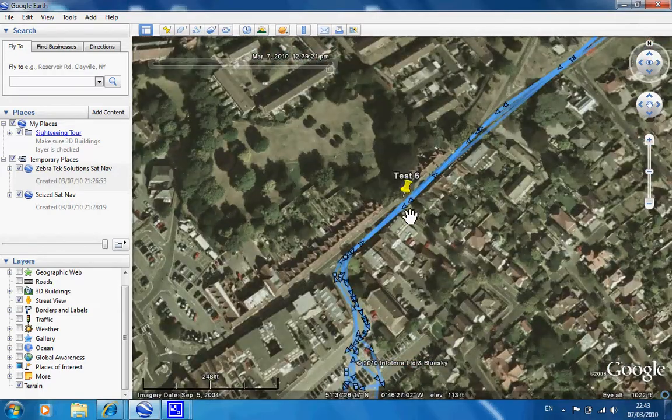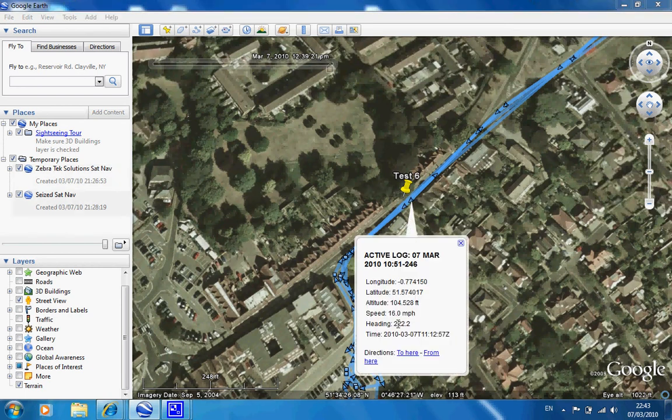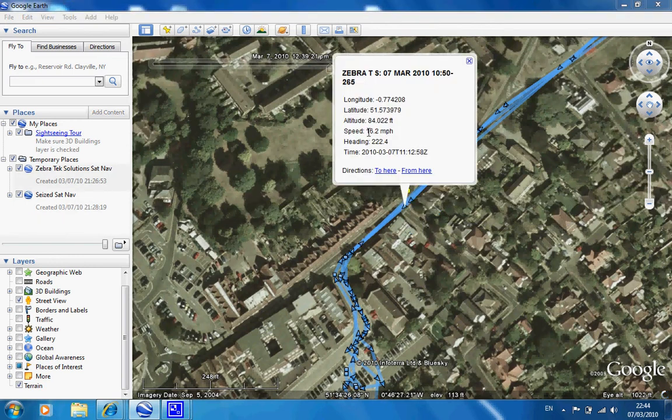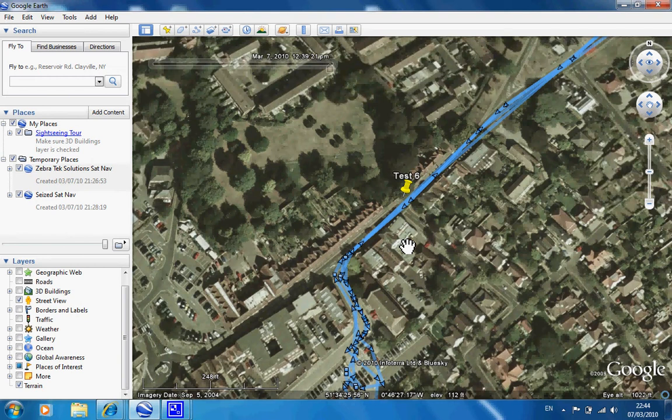And the final point for this test, we get the C sat-nav showing 16 miles per hour, and our sat-nav showing 16.2 miles per hour.